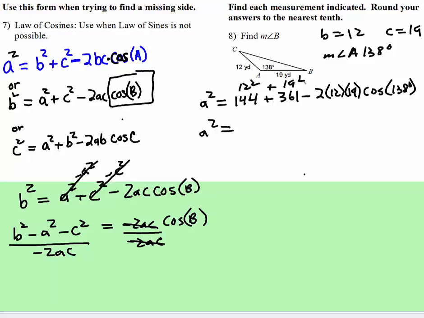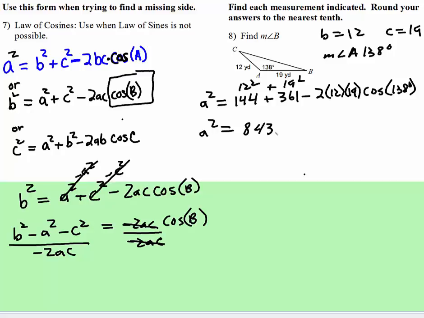So I'll do 12 squared plus 19 squared minus 2 times 12 times 19 times cosine of 138, and hit store, enter.